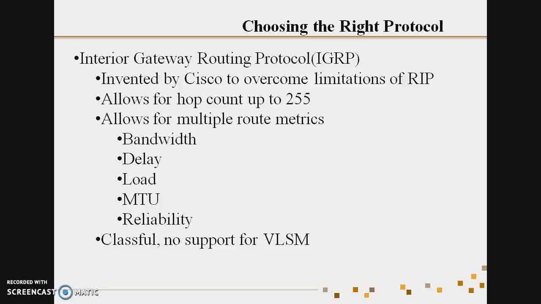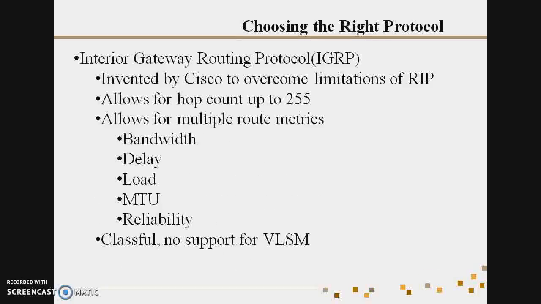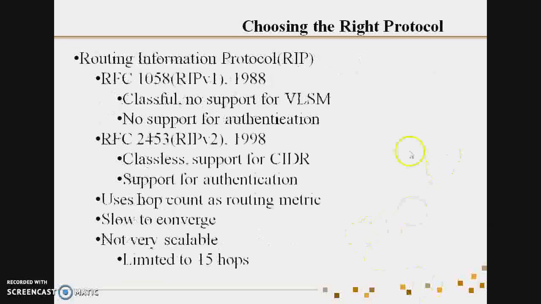It also allows multiple route metrics, because RIP allows only hop count as the metric, as you can see in the previous slide, whereas IGRP allows bandwidth, delay, load, maximum transmission unit, reliability, etc. And again, it supports classful addressing.